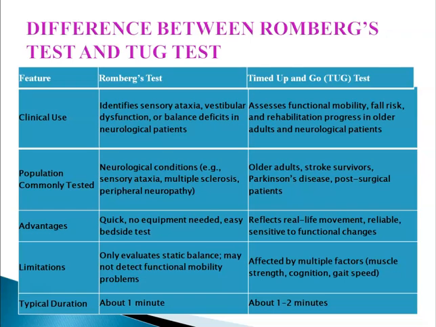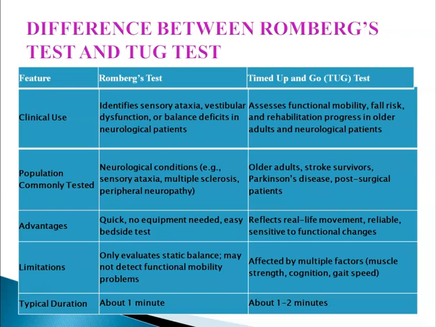The advantages of Romberg's test: it's very easy to administer, it can be performed very quickly, and no specialized equipment is needed. And in case of timed up and go test, it reflects the real life movement, and the test is reliable and sensitive to functional changes.